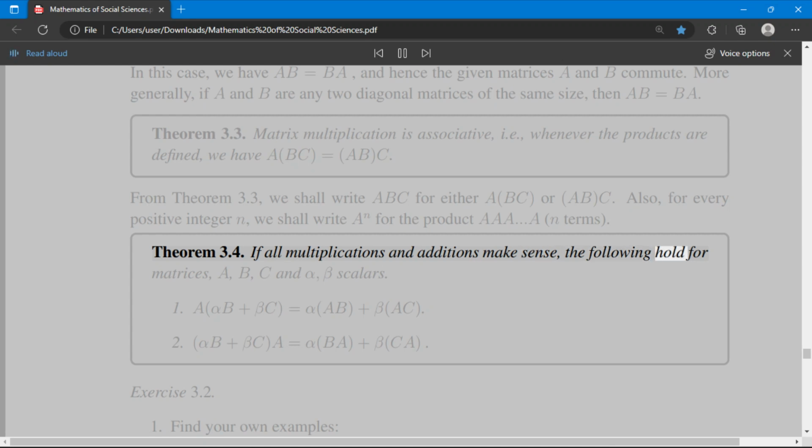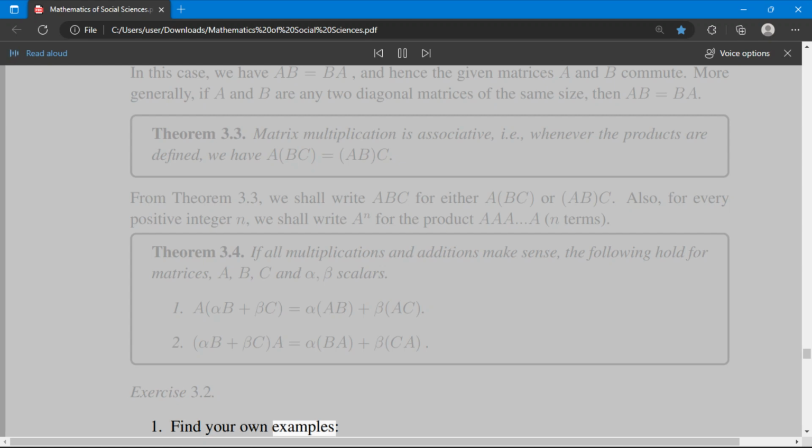If all multiplications and additions make sense, the following hold for matrices A, B, C and alpha, beta scalars. 1. A(alpha B + beta C) = alpha(AB) + beta(AC). 2. (alpha B + beta C)A = alpha(BA) + beta(CA).